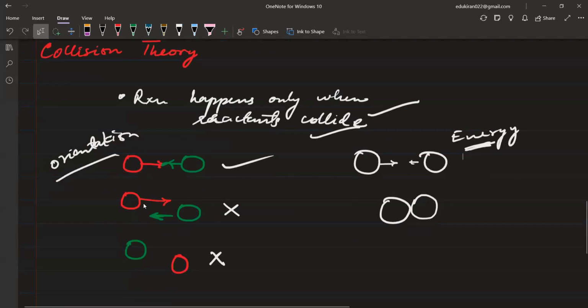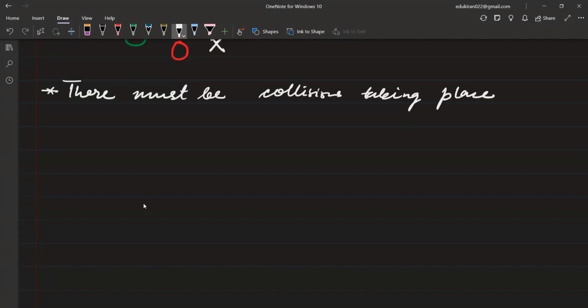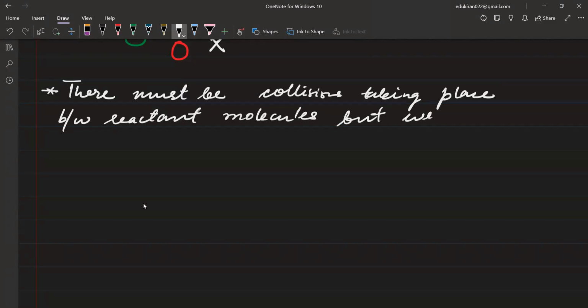There must be collisions taking place between reactant molecules, but every collision is not fruitful.